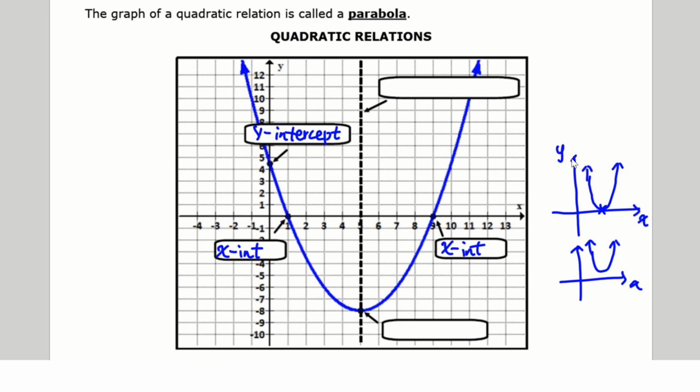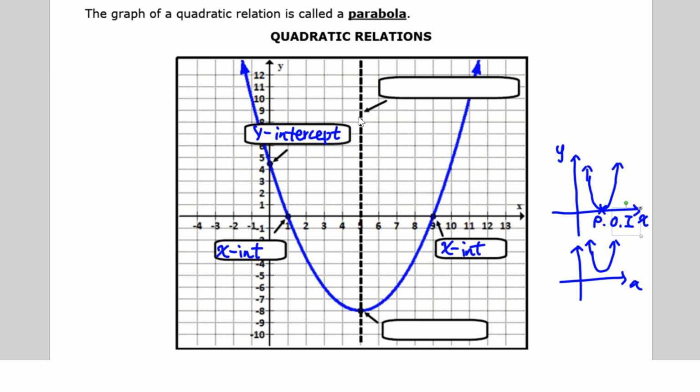If the vertex is on the x-axis, then you have only one point of intersection with the x-axis, called two equal x-intercepts. The point of intersection with the x-axis is the x-intercept. The point of intersection with the y-axis is the y-intercept.